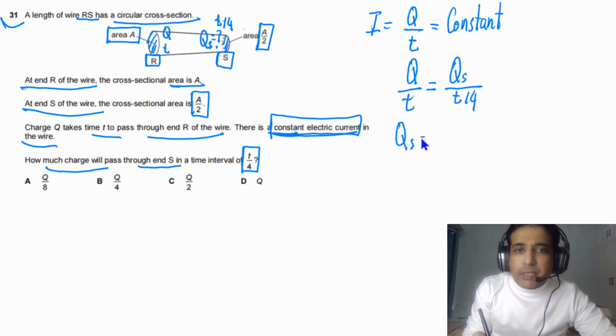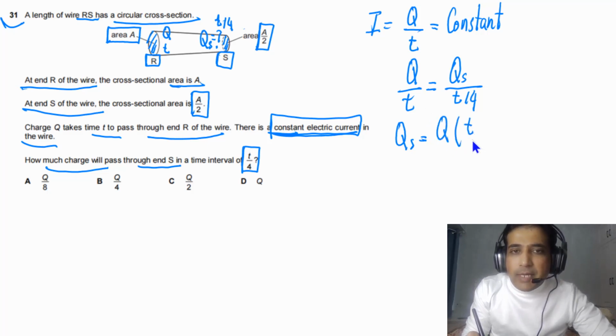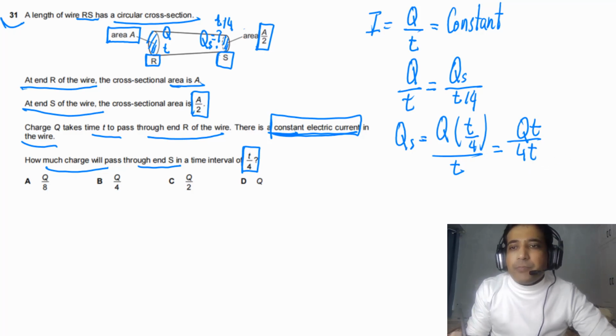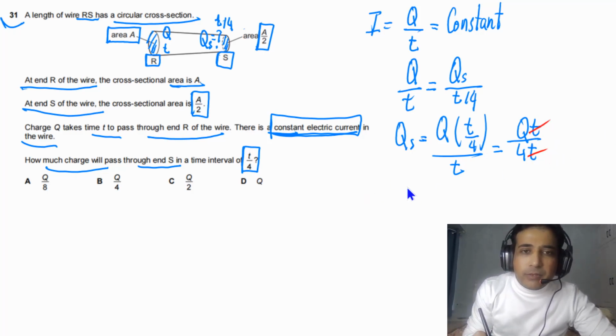So simply we can make Qs the subject and rearrange. Here we will get Q times T by 4 divided by T. If we rearrange, this will be QT divided by 4T. So this T we can cancel with this one, and we are left with Q by 4.